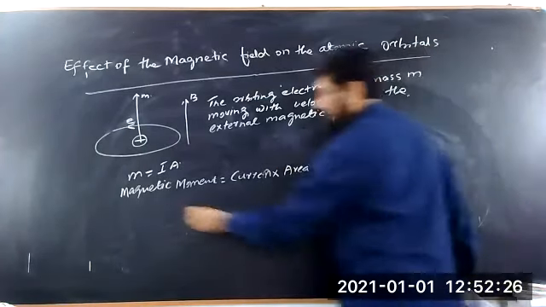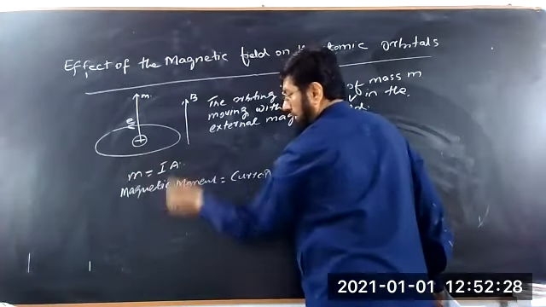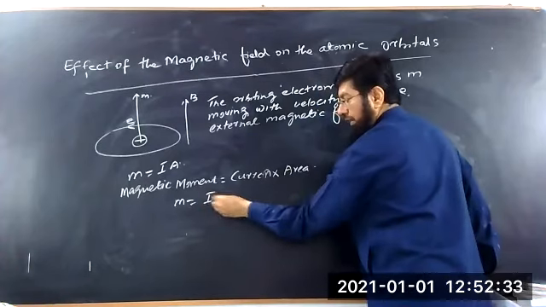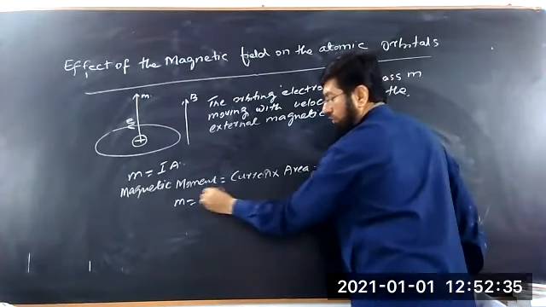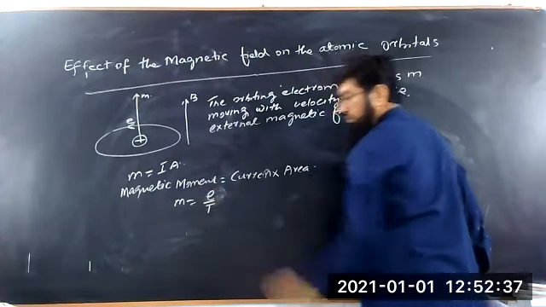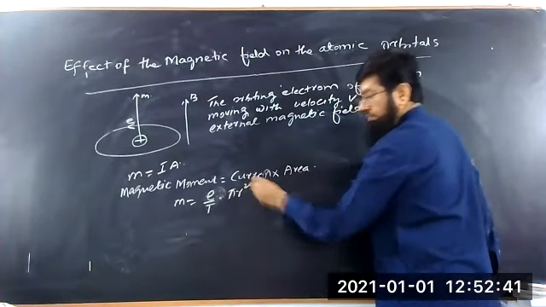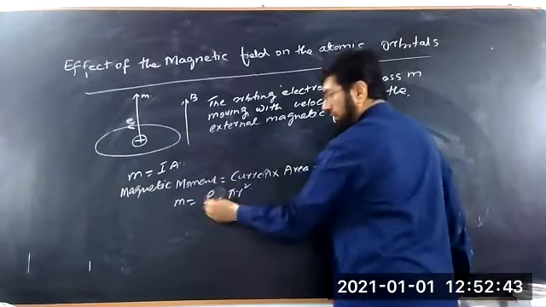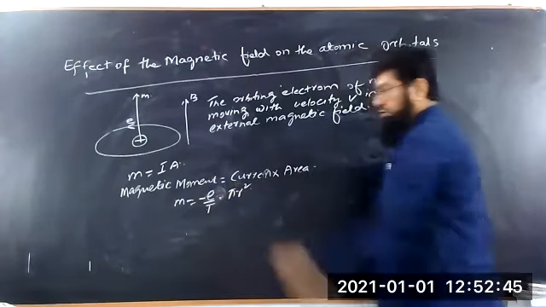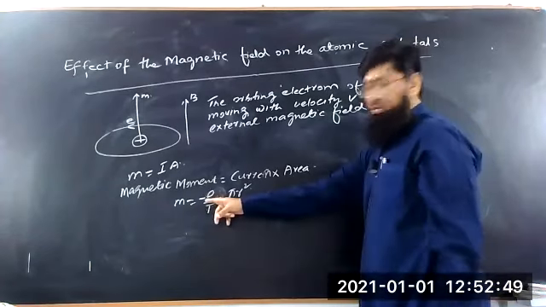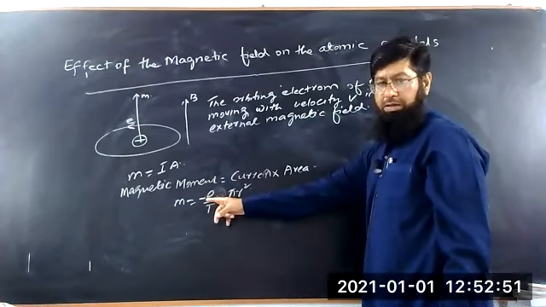So in general, M is equal to I into A. Current, you know, is the flow of charges per unit time, and area is equal to pi r square. This is the electron. Electron has a negative charge, so therefore there is the minus sign. This negative sign is because the electron is a negatively charged particle.